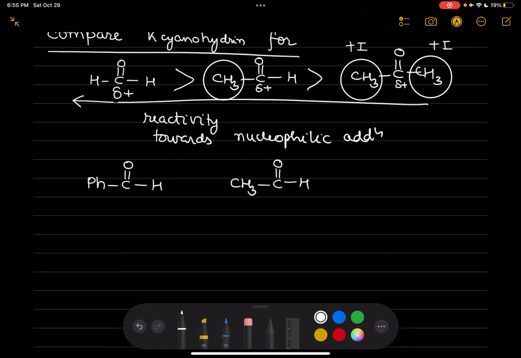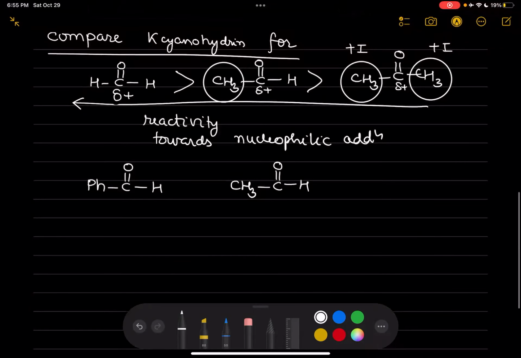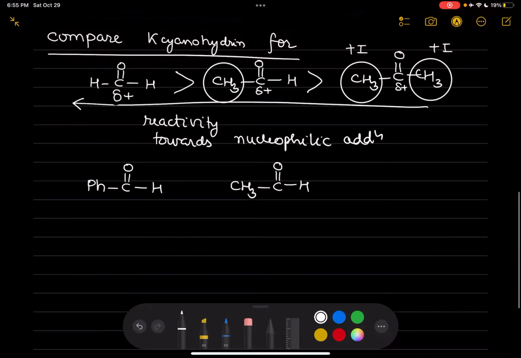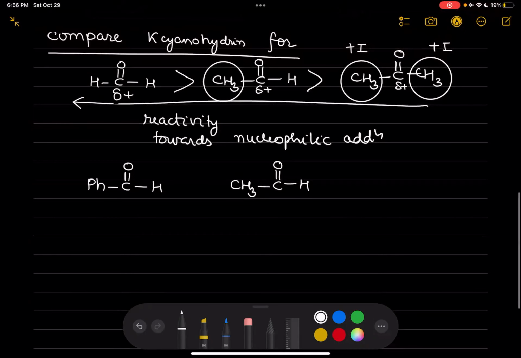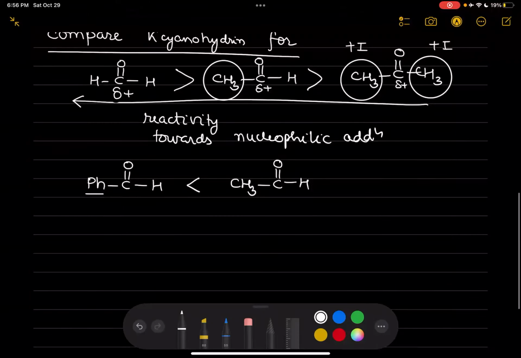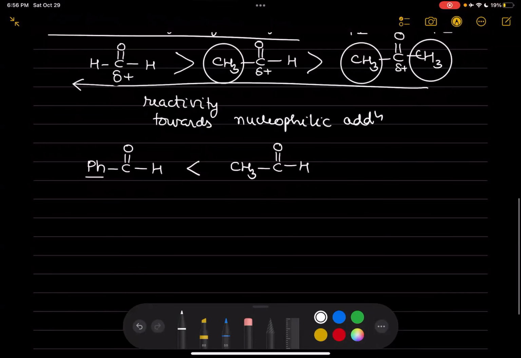This is because of the same reason: steric hindrance and electronic factor, both. Clear? Yes, sir. Because the benzene is very bulky, it is going to give electrons by resonance to the CO, which in turn will reduce its reactivity.